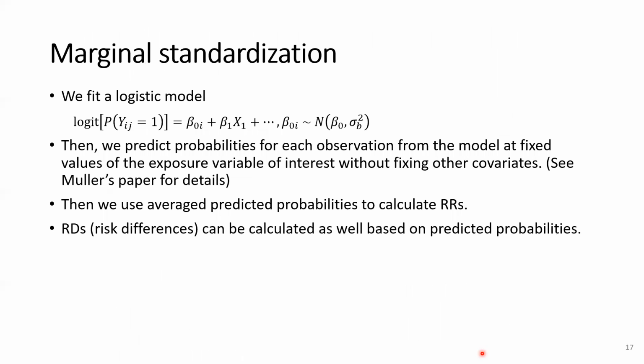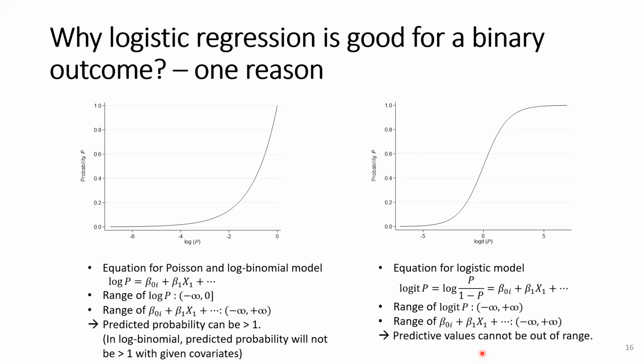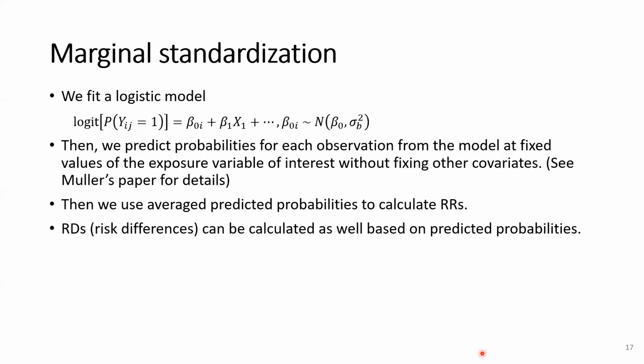To solve this problem, there is another way to calculate relative risk, which is called marginal standardization. What we do is we fit a logistic model. Then we predict probability for each observation.